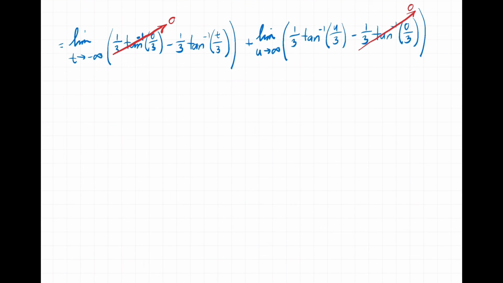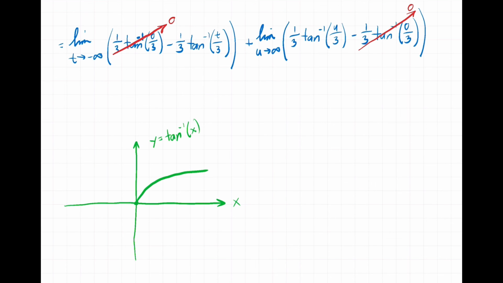Now I just want to know what's the limit as t goes to minus infinity of this. Well, let's look at what happens. What is the inverse tangent of minus infinity? We can look at a graph of the inverse tangent function. Let's draw it down here. Y equals arctangent or inverse tangent of x. Well, that goes through the origin, and that function goes up like this, and off like this, and down like this.